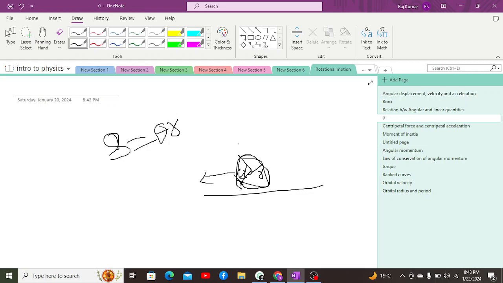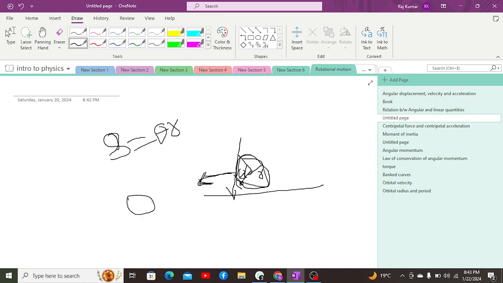But since it subtends an angle theta, it will also have a tangential displacement, which means if the wheel is moving angularly, it will also have tangential displacement, and that tangential displacement would be the linear displacement occurring.